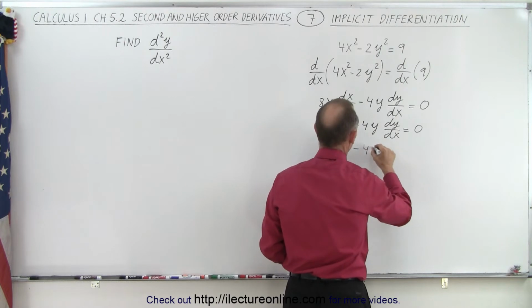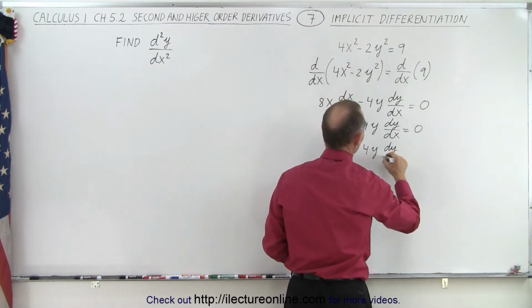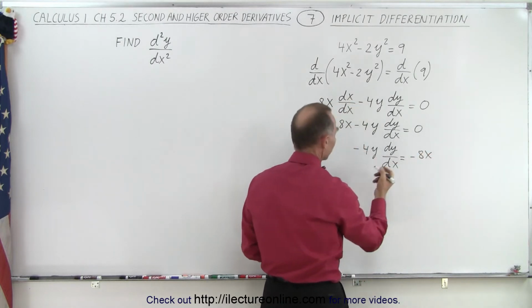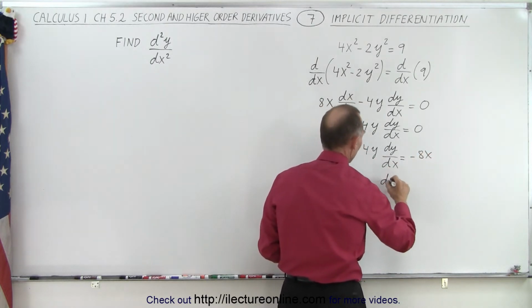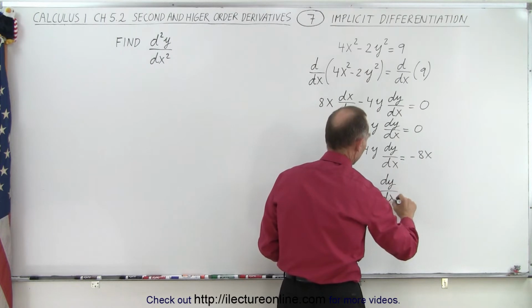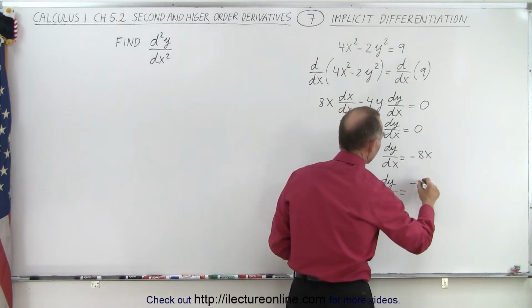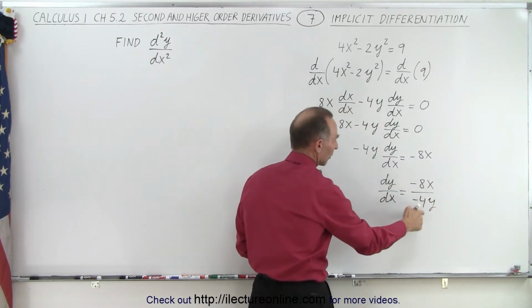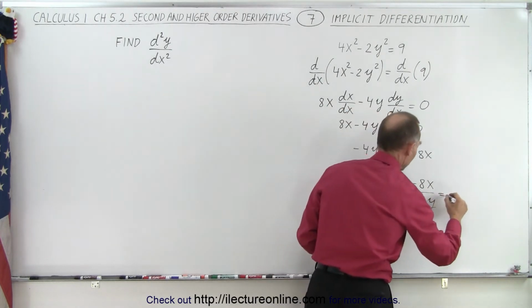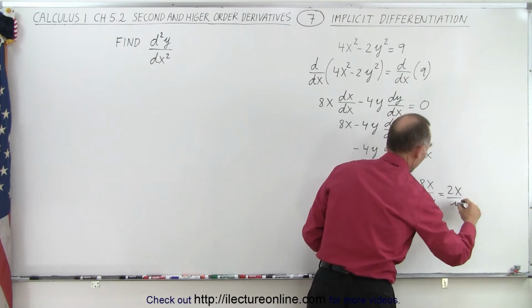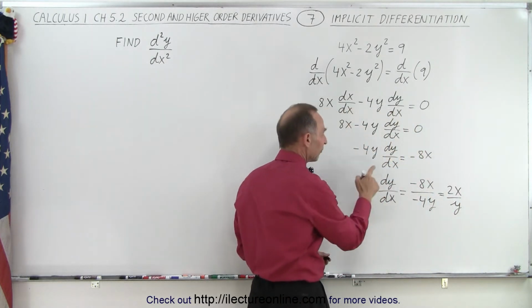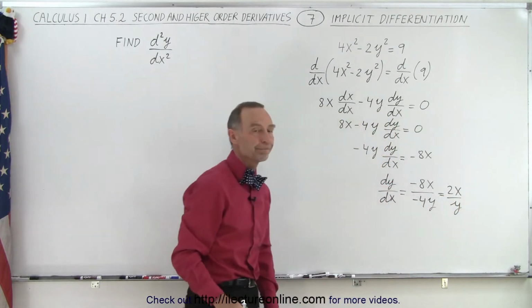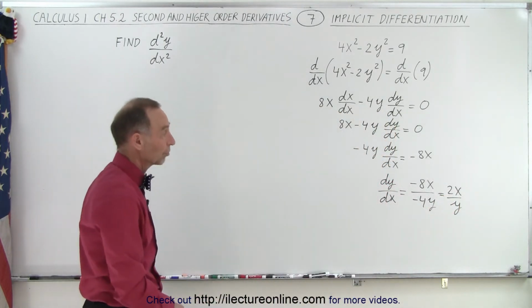We have minus 4y dy dx is equal to minus 8x, and then if we divide both sides by minus 4y, we get dy dx is equal to minus 8x divided by minus 4y, and that simplifies to 2x divided by y. So our first derivative of y with respect to x is equal to 2x over y.